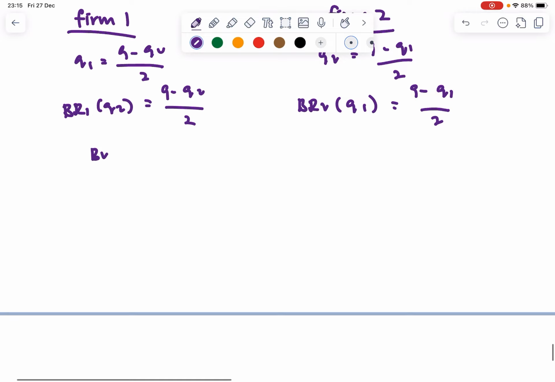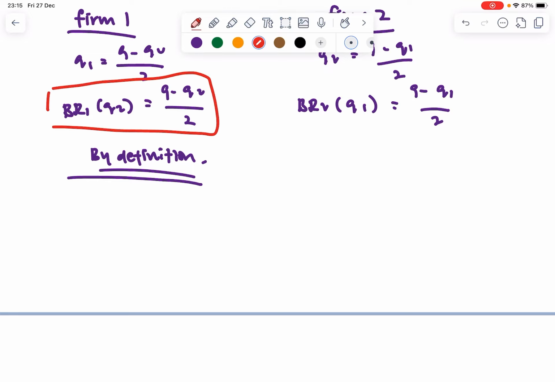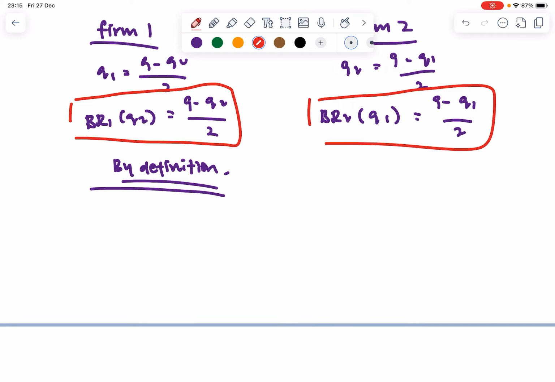And by definition, we know that the Nash equilibrium can only exist when both players are playing their best response. Let's say we don't know exactly what this value is, and that's what we're trying to find.